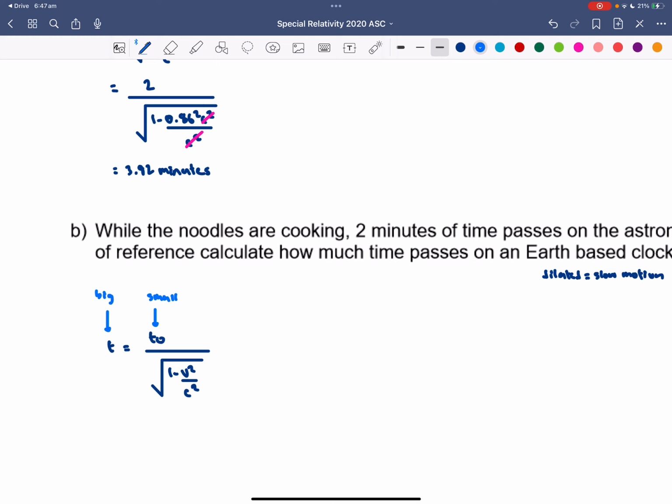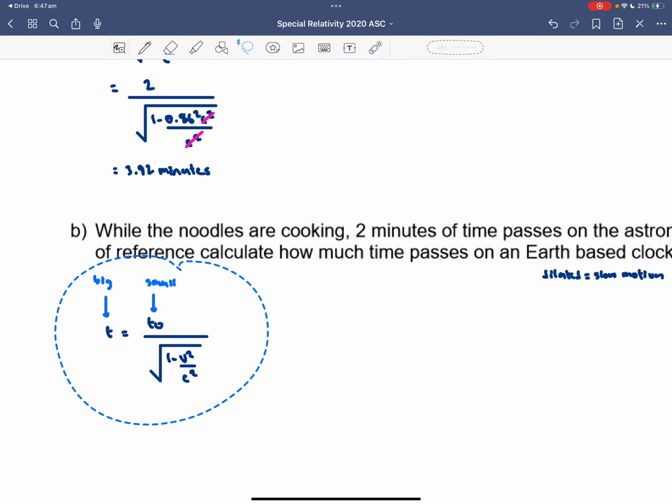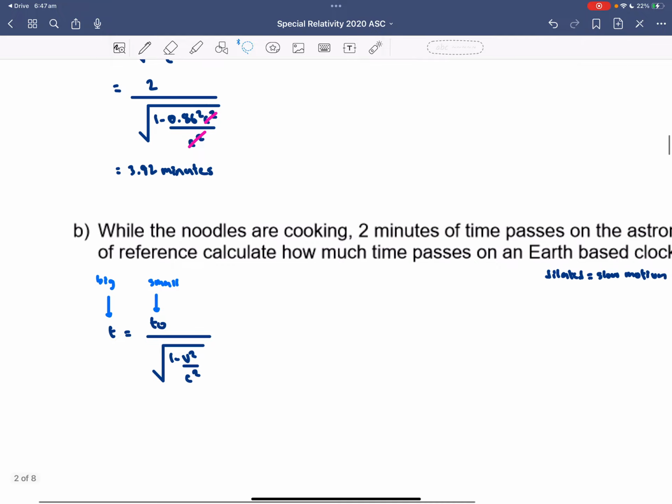In terms of length it's contracted, in terms of momentum it's dilated. In those scenarios, I ask myself what's proper and what's not proper. For time dilation, I always ask myself what's the big number and what's the small number.